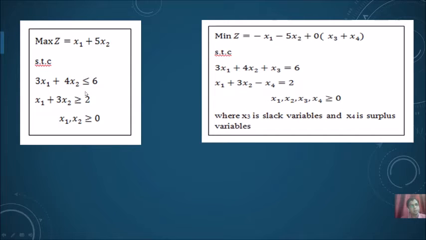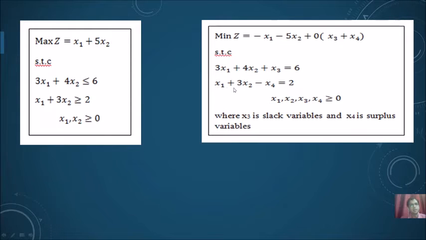Now in the second constraint, please notice that the inequality is of greater than or equal to type. If we want to transform this particular inequality into an equation, we need to subtract one variable or quantity from the left hand side.